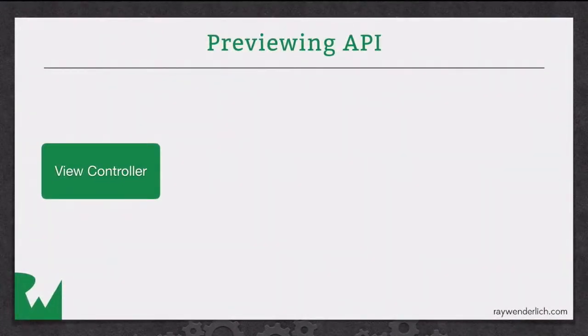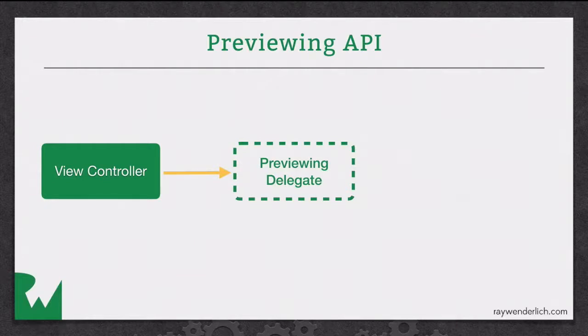So let's do an overview of the actual 3D Touch API. While the 3D Touch marketing API is Peek and Pop, in actual code, instead of Peek and Pop, we'll use the term preview. In the previewing API, there are 3 different parts. For starters, you need a view controller to register what's called a previewing delegate.